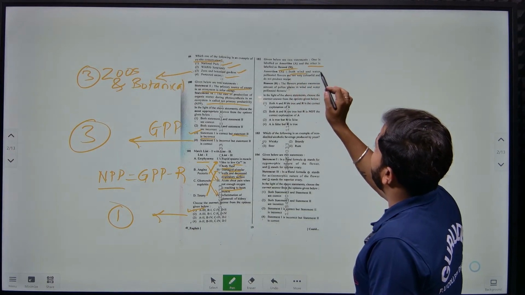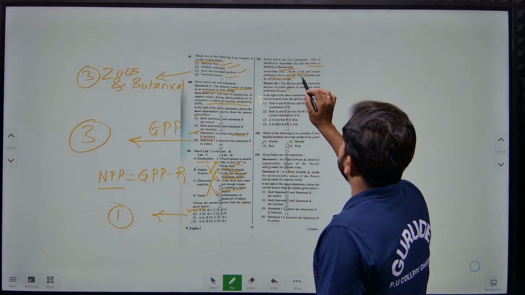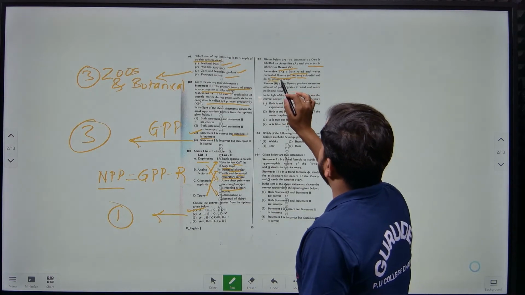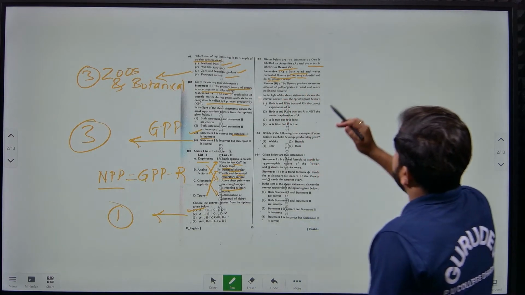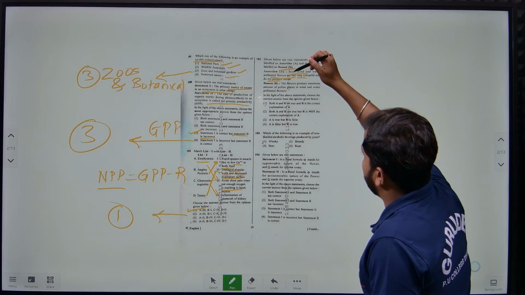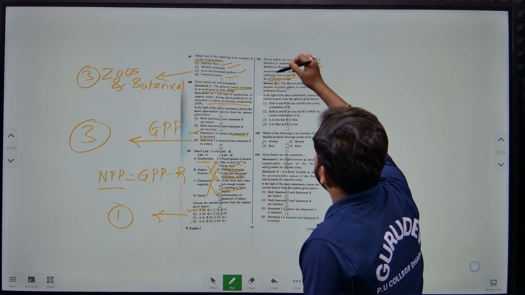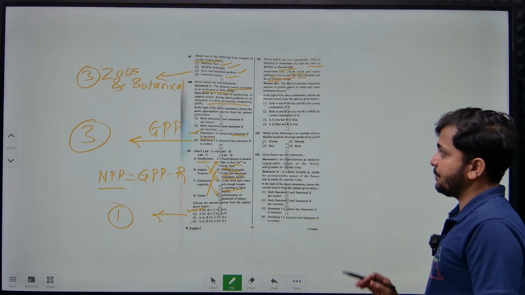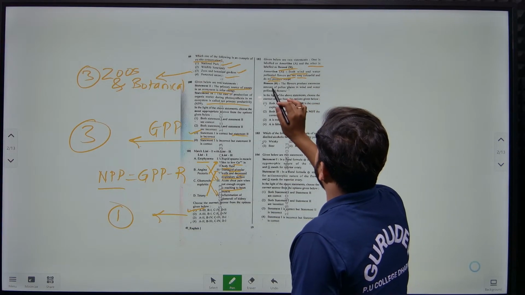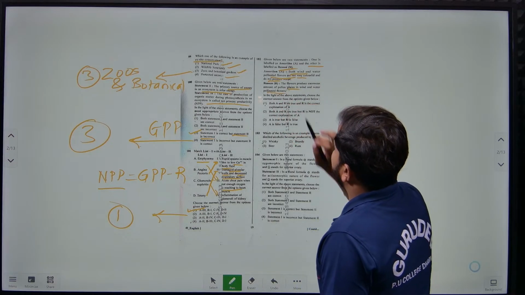So both wind and water pollinated flowers are not very colorful and do not produce nectar, right? Then the flower produces enormous amount of pollen grains in wind and water pollinated flowers.